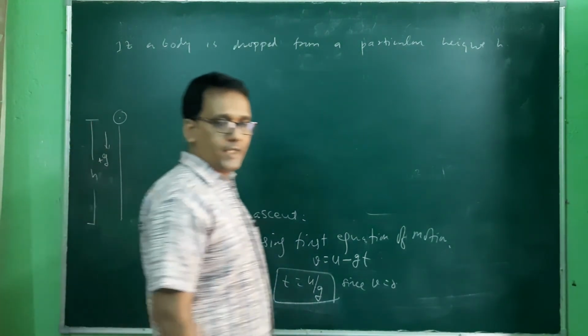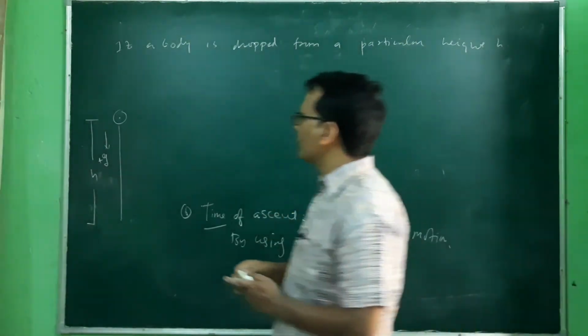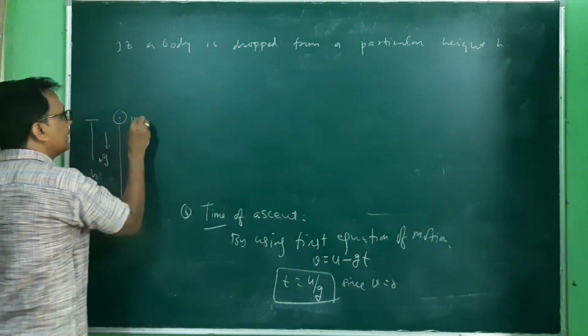So the body is dropped from a particular height. Obviously it is just dropped, which means u is equal to 0. So the initial velocity of that body is 0.